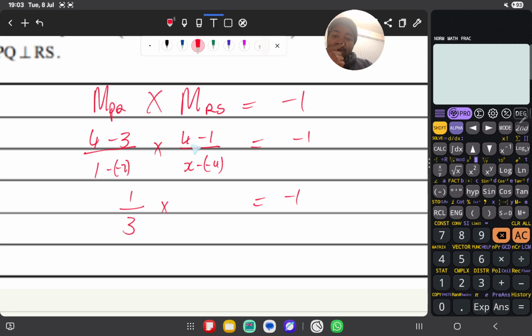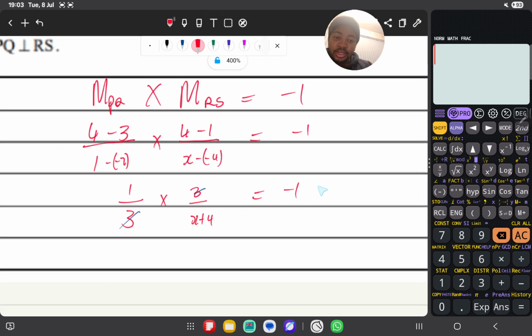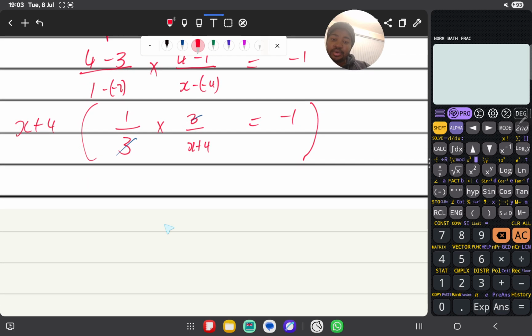Then you have multiplied by 3 divided by x plus 4, right? And you realize that this 3 will divide this 3 because we are multiplying. Cool stuff. And now let's multiply everything we have here by x plus 4. Once we have done that, we are going to get 1 equals -x - 4. Right?